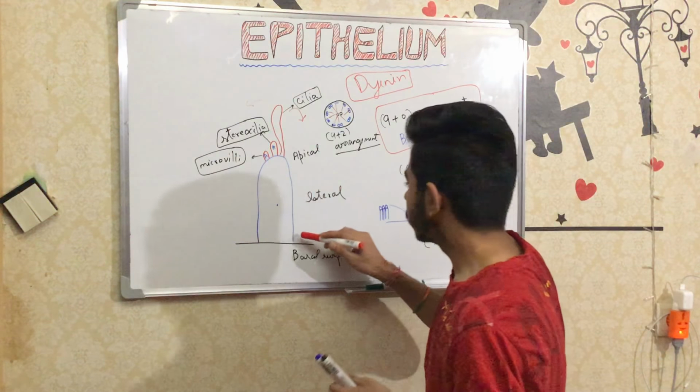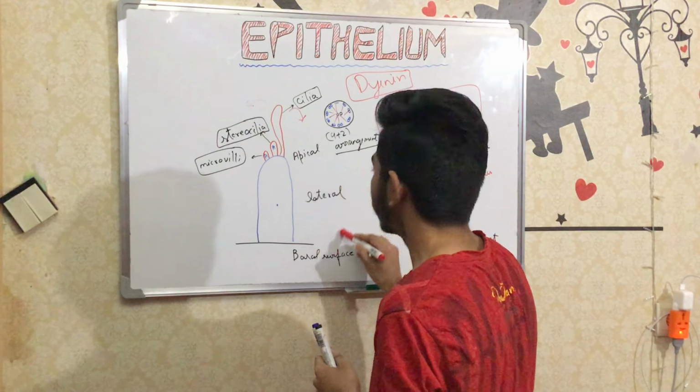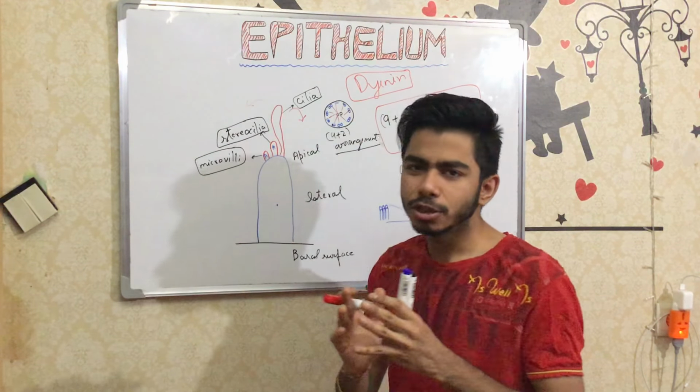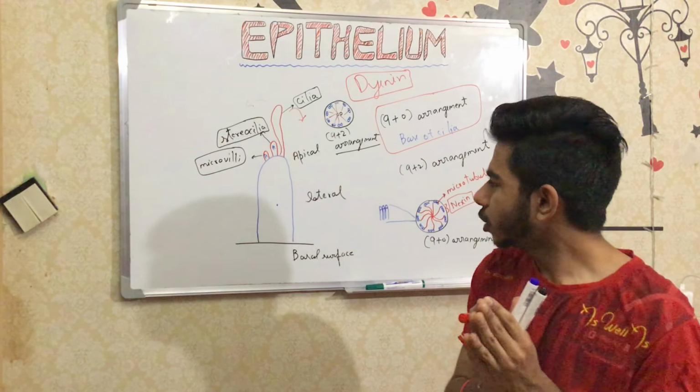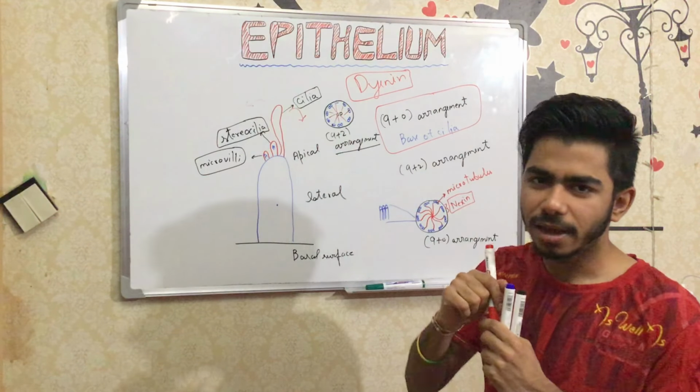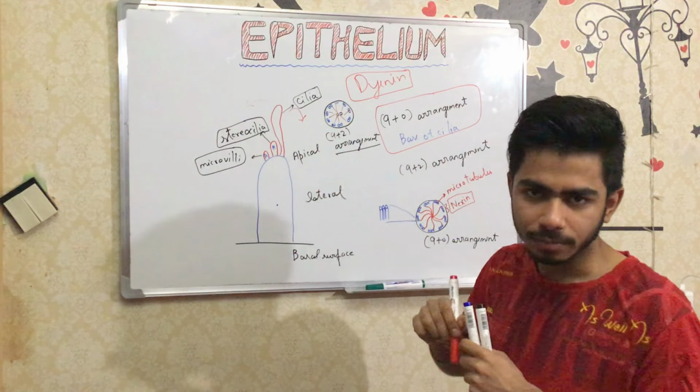These epithelial cells bind so tightly to each other that any kind of substance does not penetrate them, at least paracellularly.